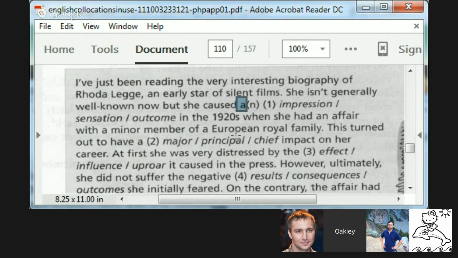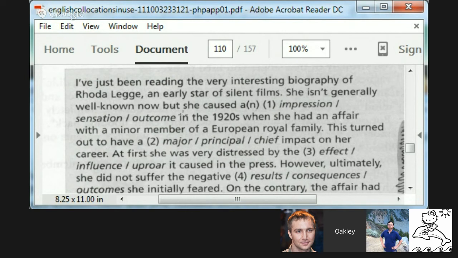I think caused, cause. Well, there's the clue. We create an impression or make an impression. We never use cause with impression. So even though the meaning is similar, the collocation's not good. Then sensation, definitely.